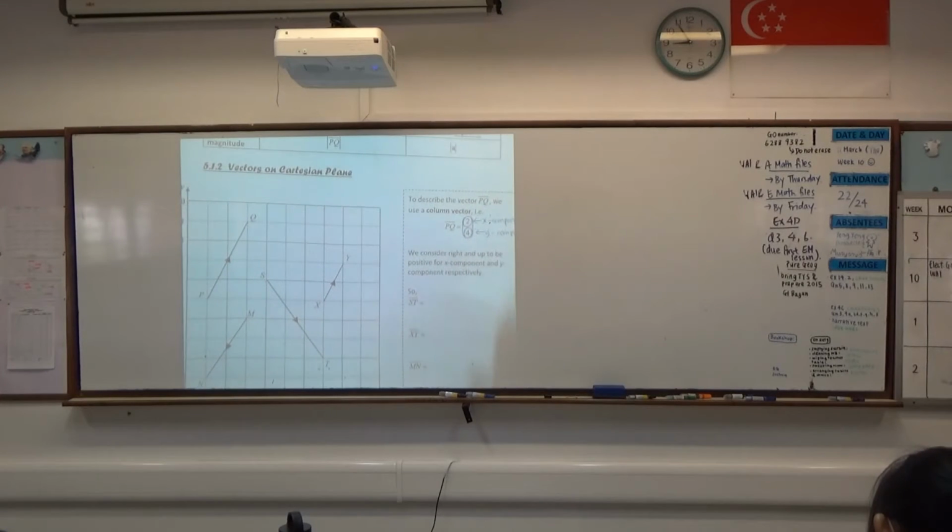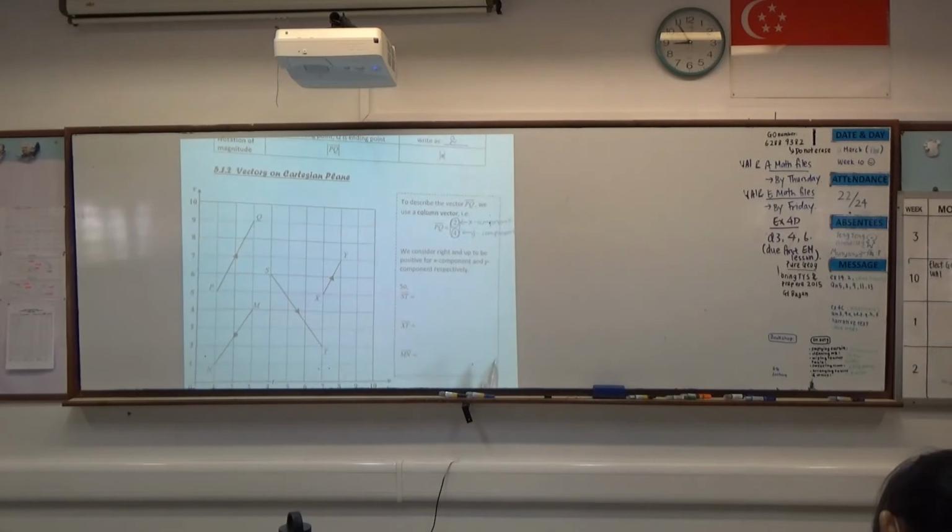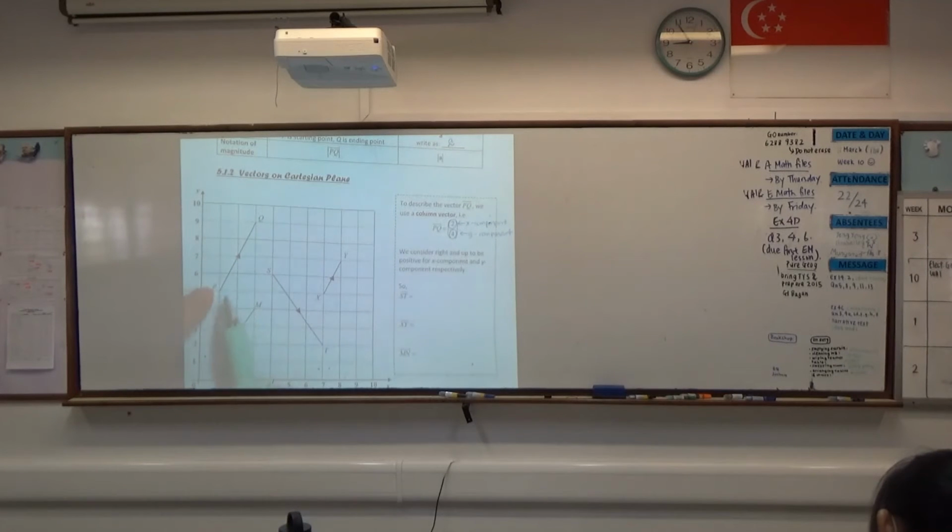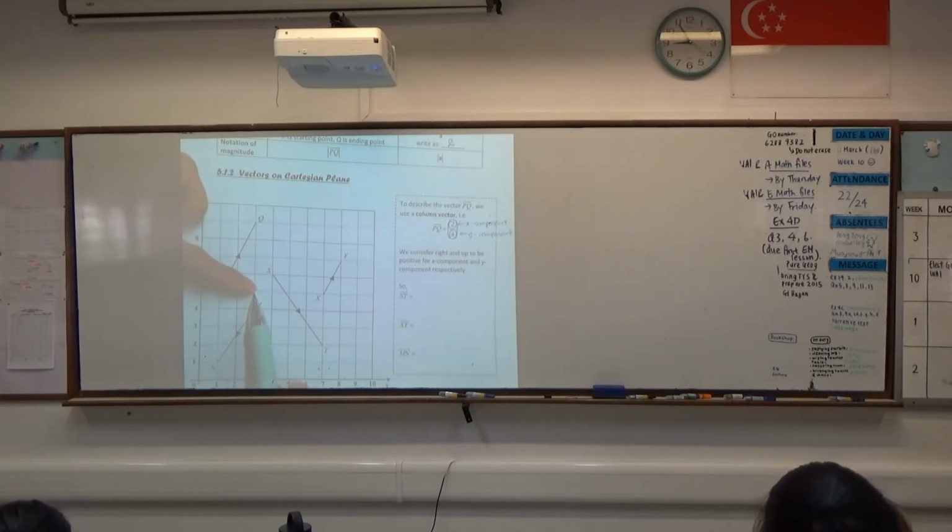Looking at our diagram, how we got 2 is that, starting from P, if we go in the x direction, that means towards the right, positive, we are going 1, 2 squares before we reach where Q is aligned vertically.